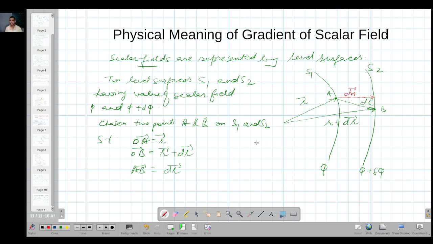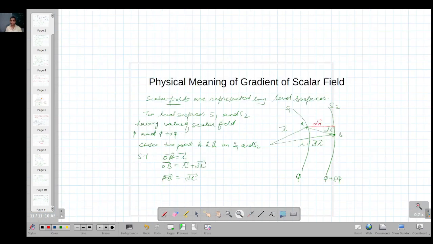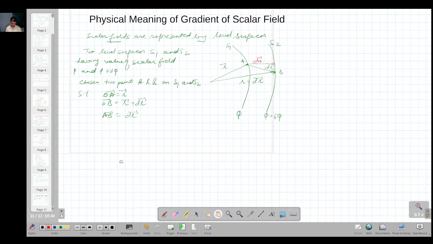So I draw a normal to the surface S1 at point A.